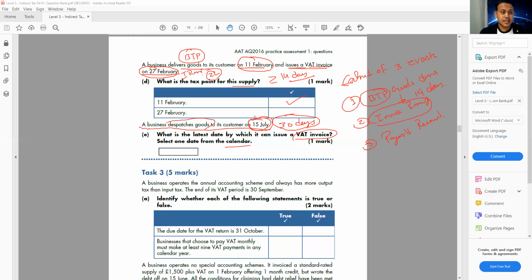What will be the latest date the VAT invoice can be issued? So that will be the 18th of August. From the day you dispatch the goods, from that day you have 30 days to issue a VAT invoice. All right, so let's move on.